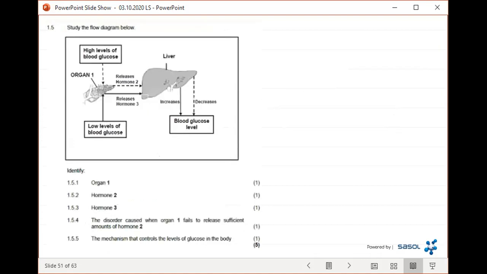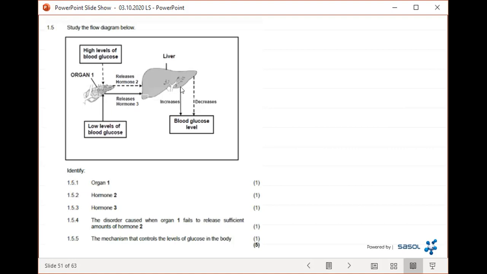It's also question 1.5. So study the flow diagram. We have high levels of blood glucose, organ 1. Let's start here. Organ 1, which looks like a pancreas, releases hormone 2, which acts on the liver, and releases hormone 3, which also acts on the liver.